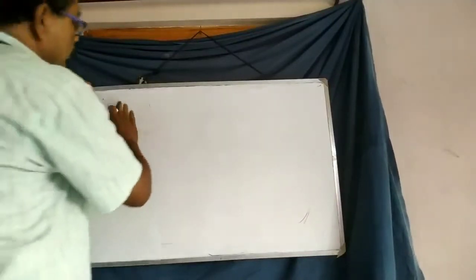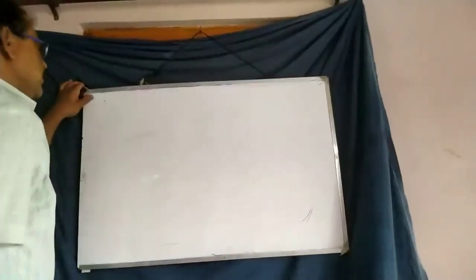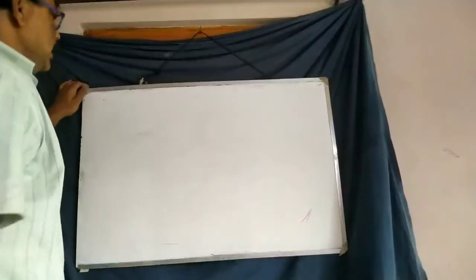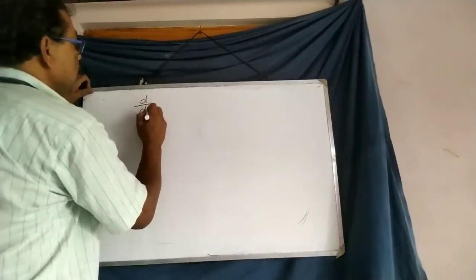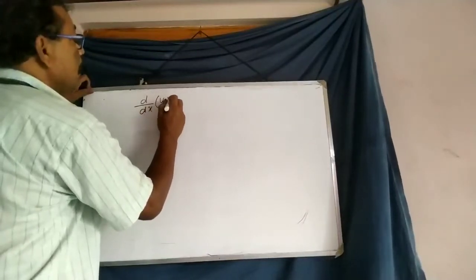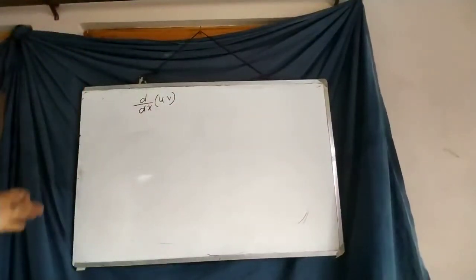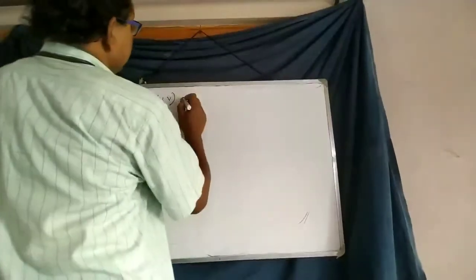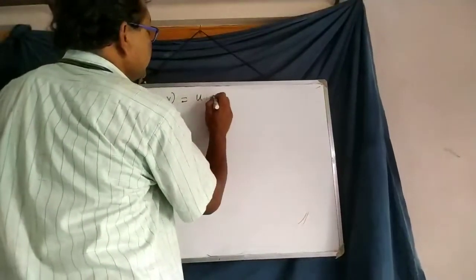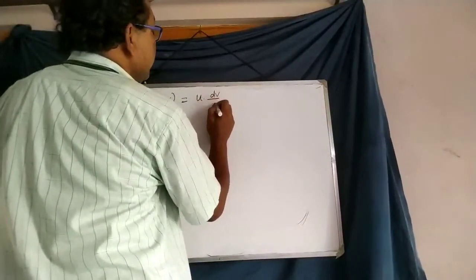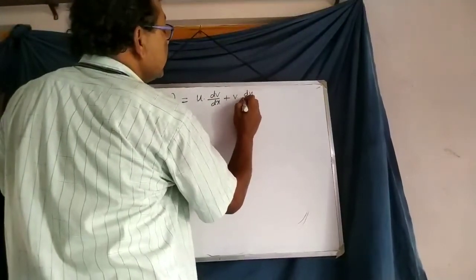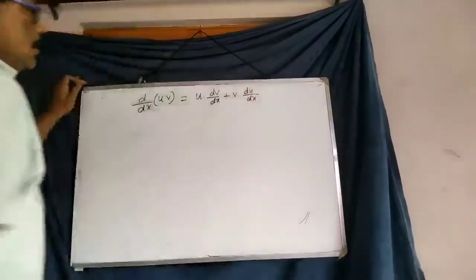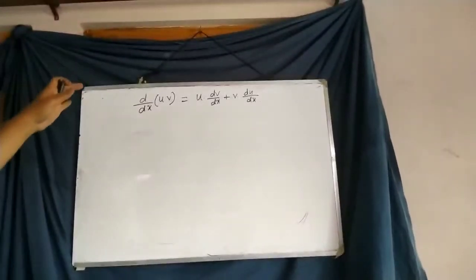Now we are going to approach the third rule, that is the UV rule, product of the two functions. Again I am writing the UV rule, d/dx of u into v. When u and v are the two functions of x, the result is u unchanged, dv/dx plus v unchanged, du/dx.